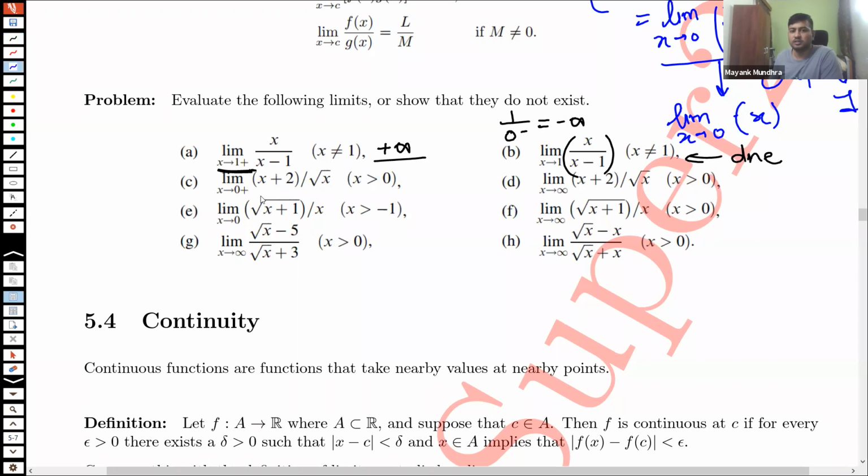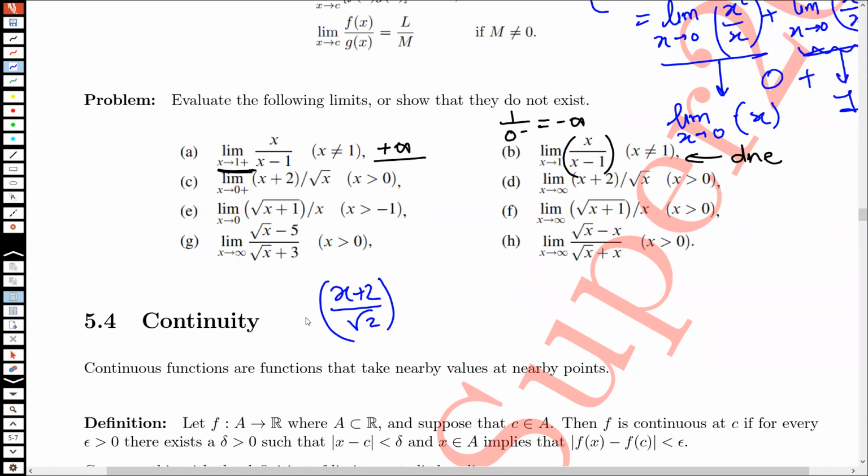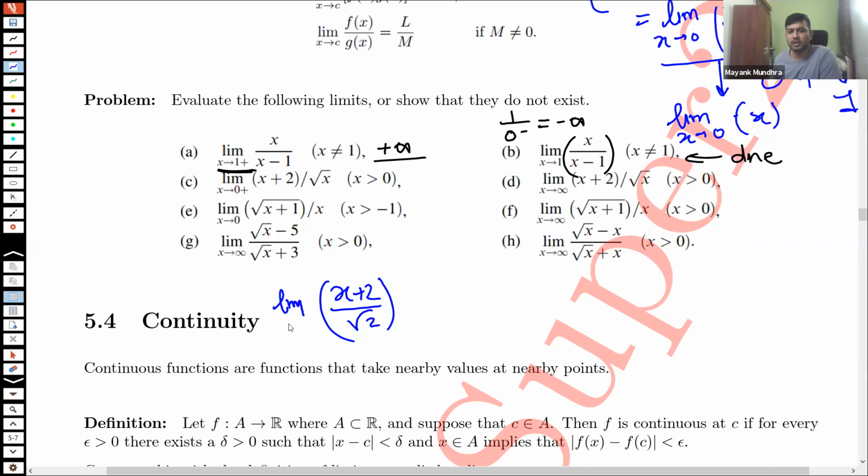Let's look at the C part. C part is right hand limit to x plus 2 by root x. So x plus 2 upon root x. I want to ask this to Kritika. I am just asking you what happens. Okay, so this is limit x tending to 0 plus.